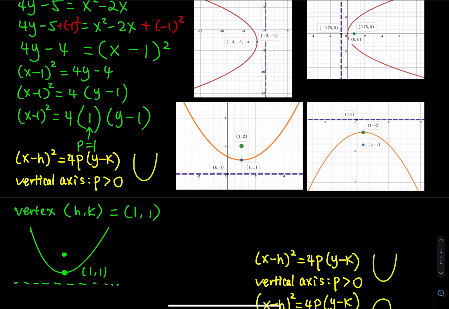To find the focus, you have to go 1 unit up, based on the vertex y equals 1, and then you add 1 unit up. So this is my focus, which is 1 comma 2.